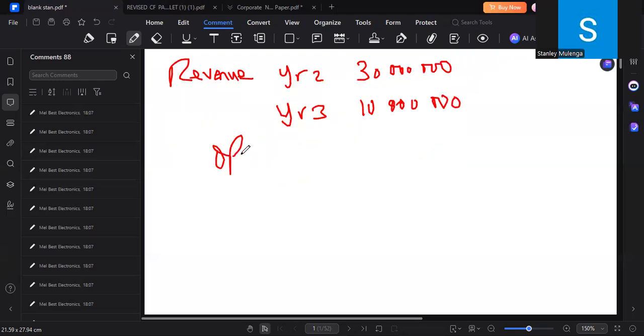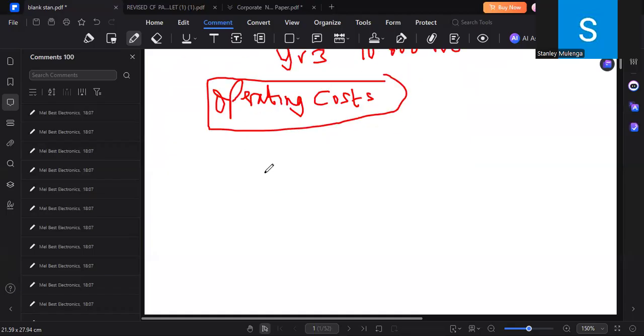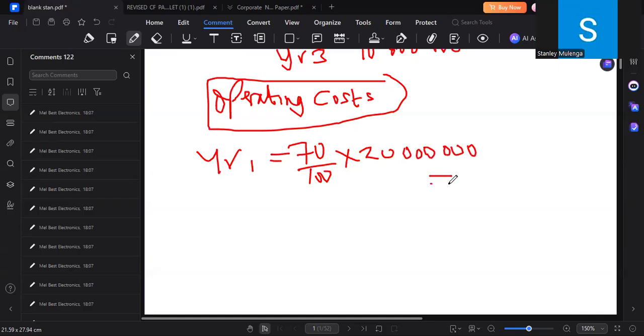Let's go for operating cost. So operating costs, year one, we look at 70 over 100 times 20 million. Why? They're saying operating costs account to 70% of sales.